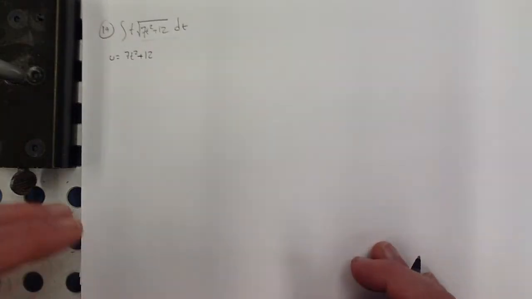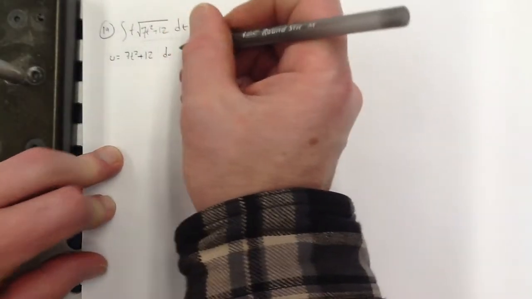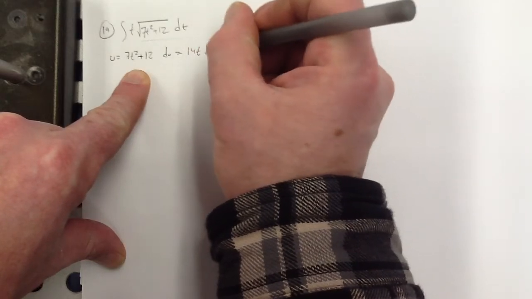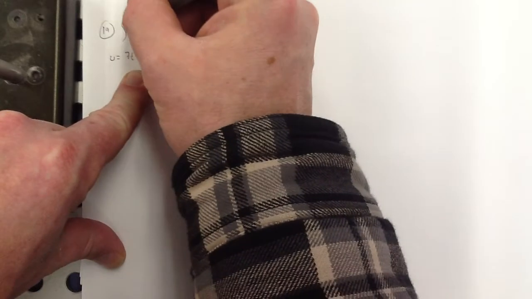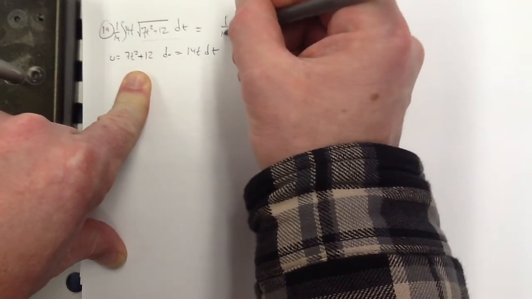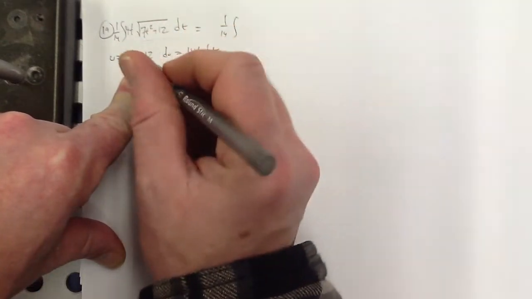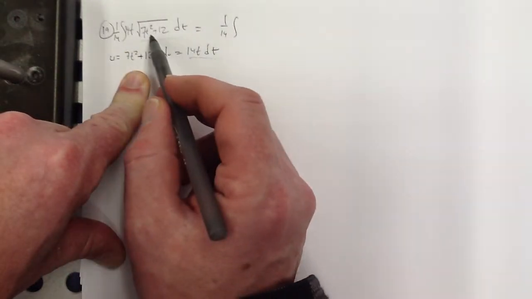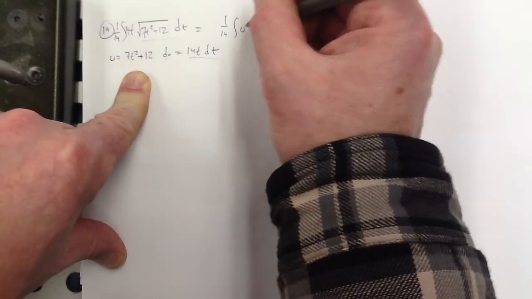You know, the worst thing that could happen is you have to go back and try something else. du is 14t dt, so I got the t there, I just need the 14, which means I need a 1 over 14 on the outside. So that's 14t dt, that's all packed up inside the du, and then I got u to the 1/2.